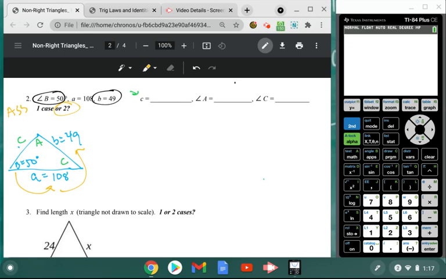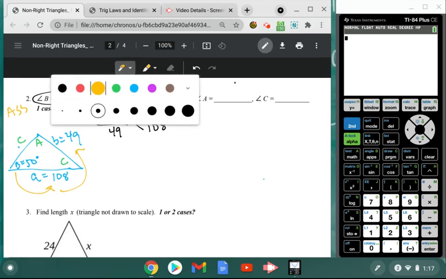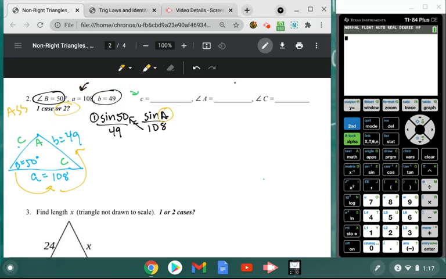I've got an angle B and a side B, so I'll do the sine of B, which is 50, over side B, 49, equal to the A ratio, sine A over side A, which is 108. I'm going to cross multiply, isolating my angle A, and then apply a sine inverse.